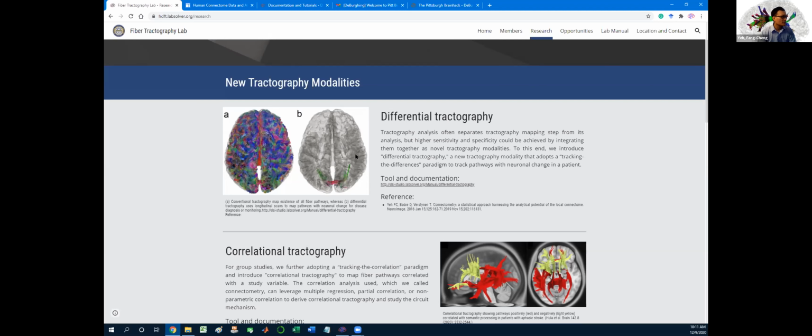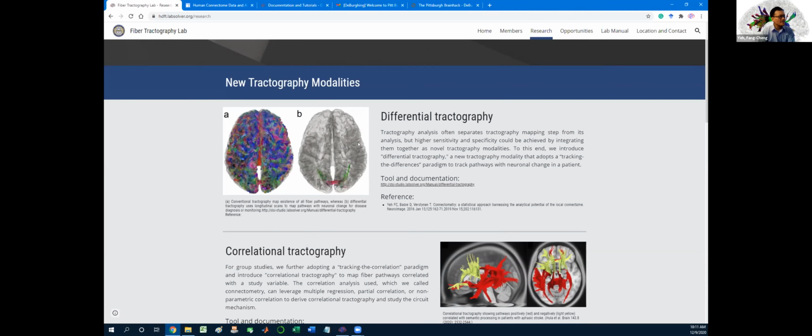The picture on the upper left is just a comparison. Figure A shows the conventional tractography, the whole brain pictures, but that tractography is not sensitive to subtle difference. Whether there's an injury or a demyelination, tractography still shows them.